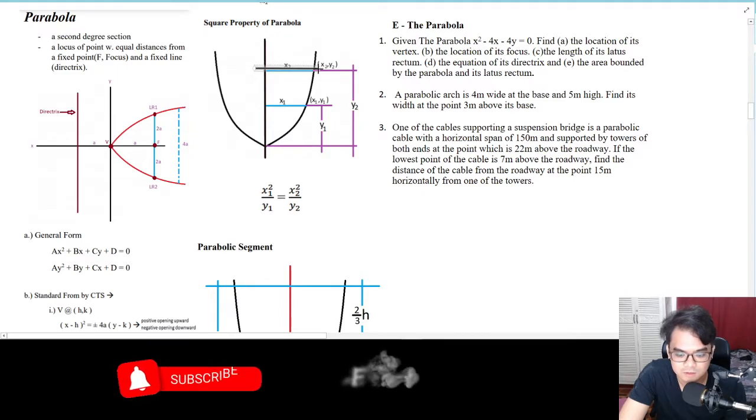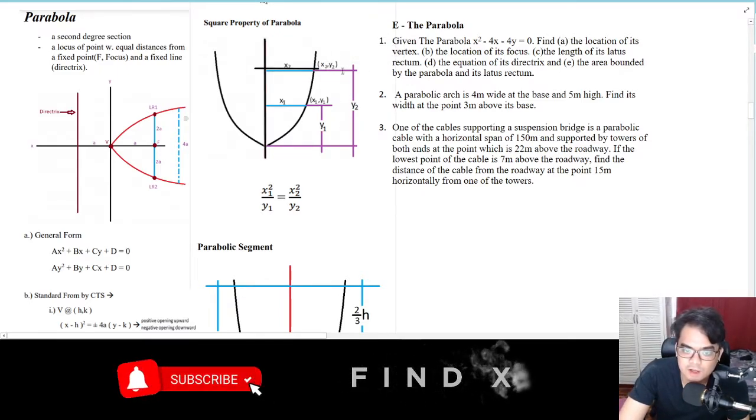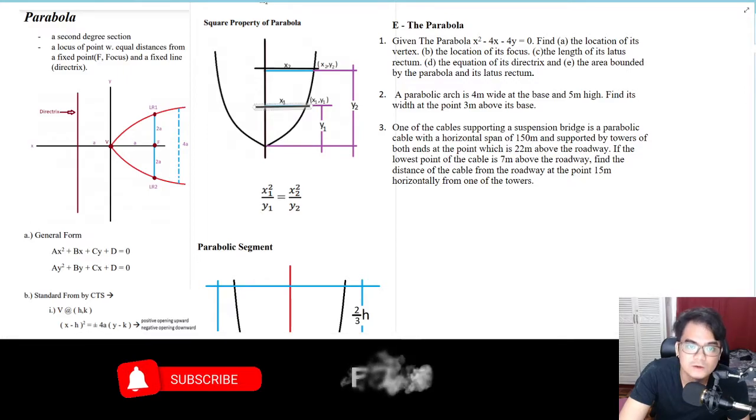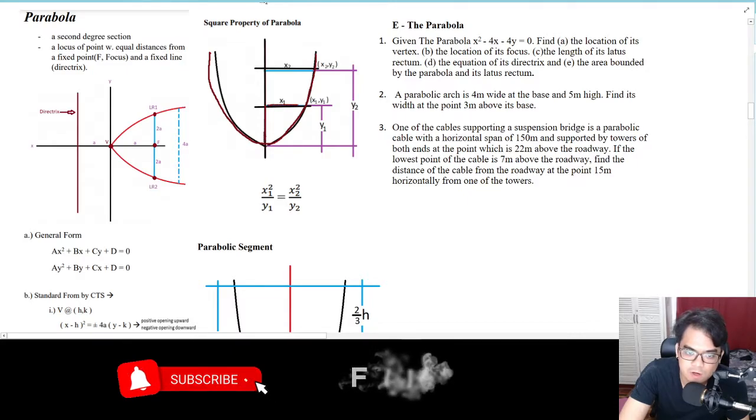Cutting that again here, as you can see, this will be the first parabola, and then you'll have another parabola here.